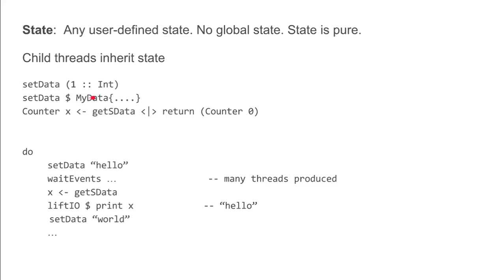Whatever you define can be stored in the state. getSData returns the state of this type. If there is nothing, it stops; it returns empty. So to assure that there is always a default value, we can use this.